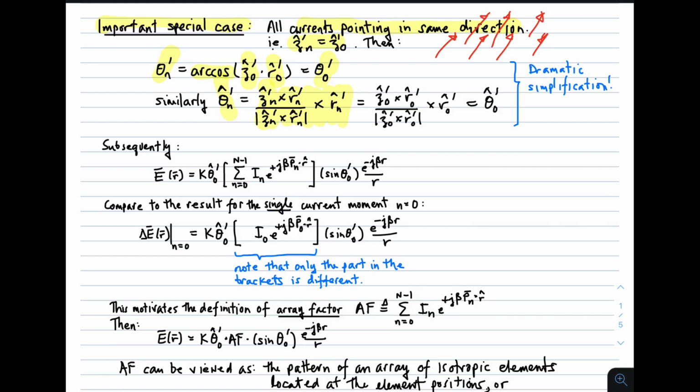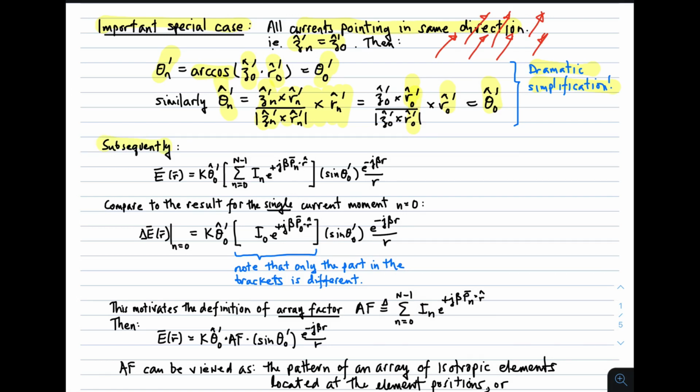But we might as well just use the reference element because the assumption applies about the pointing all being in the same direction. So all this reduces to just one unit vector describing the position of the field point relative to the orientation of the current moment. And again, the reason we're doing this is not because we have to, but simply because it yields a dramatic simplification and it corresponds to a very broad class of problems.